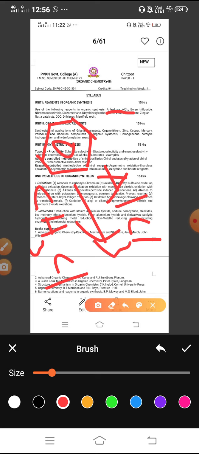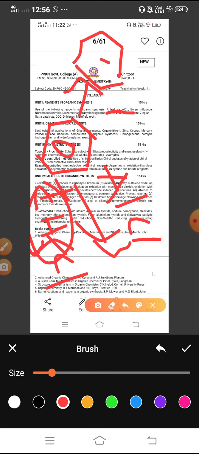In this reaction, we get CH3 plus, which is the electrophile that attacks the benzene ring. The product is toluene. We are using anhydrous AlCl3, and the reaction is Friedel-Crafts alkylation.